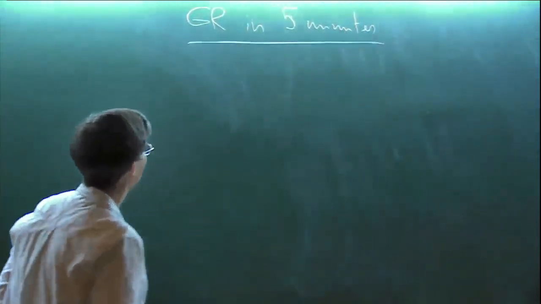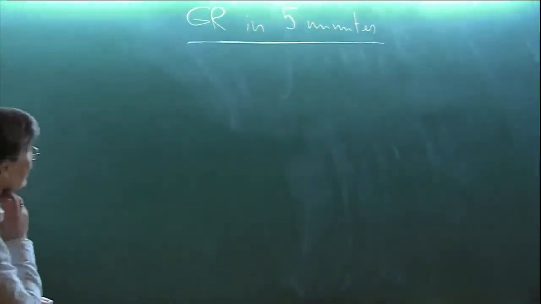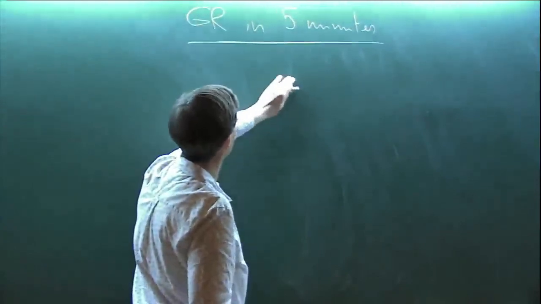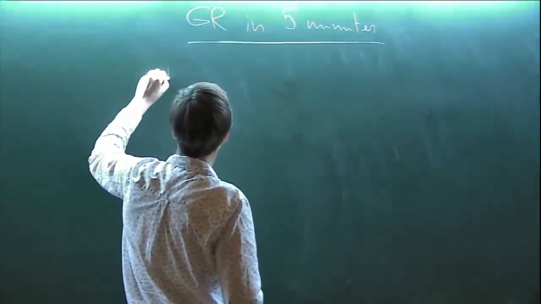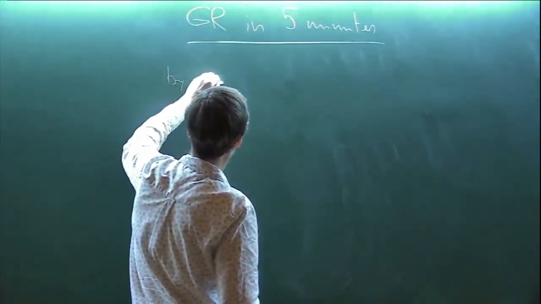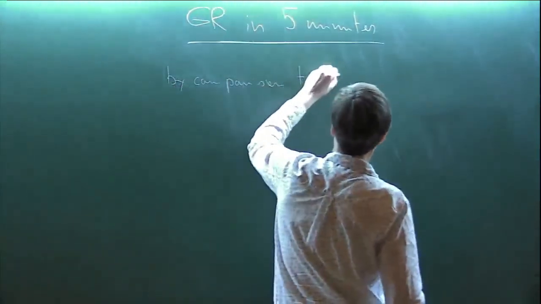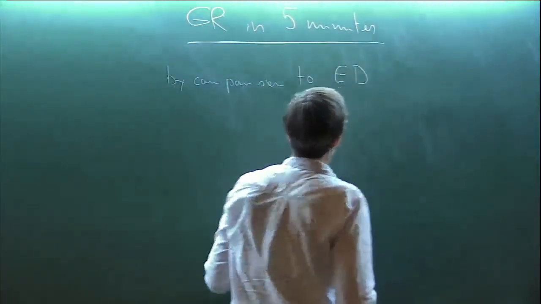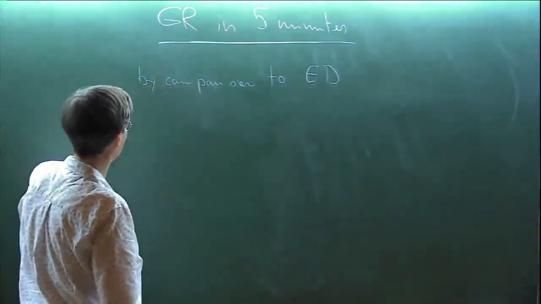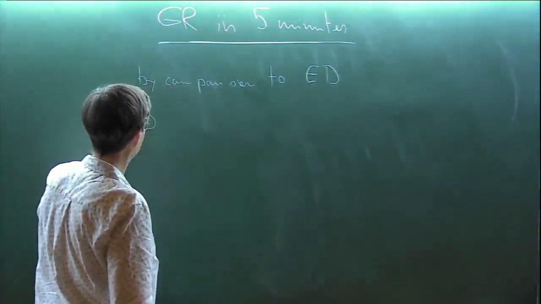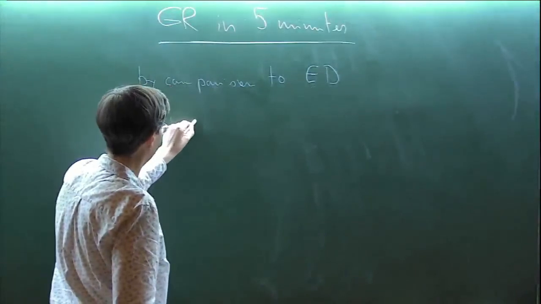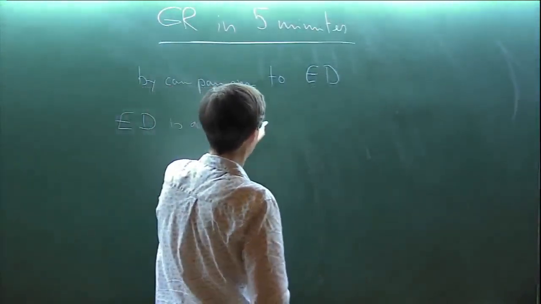My idea of explaining what general relativity is, is that we do this by comparison to electrodynamics. As you hopefully know, electrodynamics is a U(1) gauge theory.